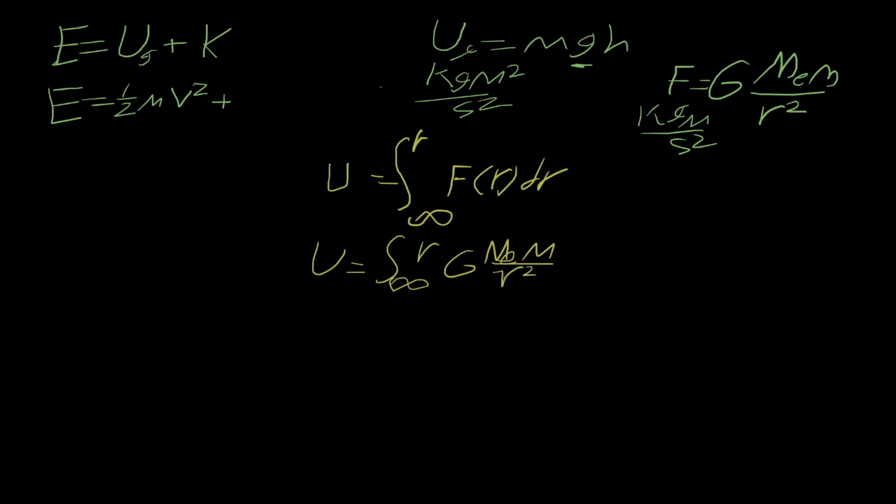The gravity constant and the two masses are just constants since our variable is radius in this equation, so we're just going to move them out.